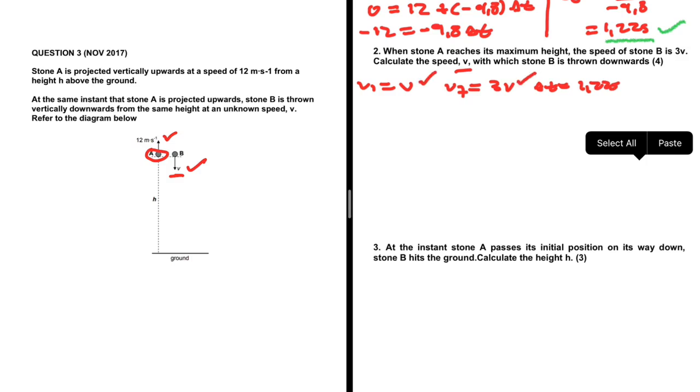So we have Vi, which is v, Vf, which is 3v, delta t, which is 1.22 seconds, and we also have the acceleration, 9.8 meters per second squared downwards. We want to find the variable v. How can we do that with these 4 variables?